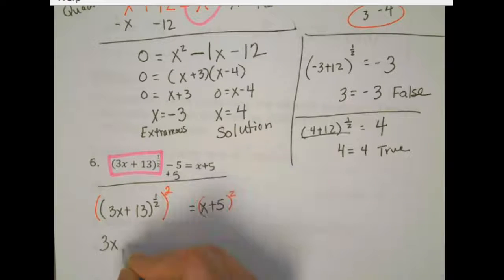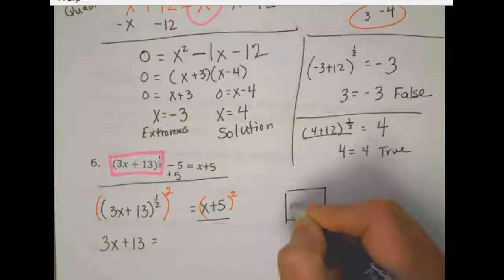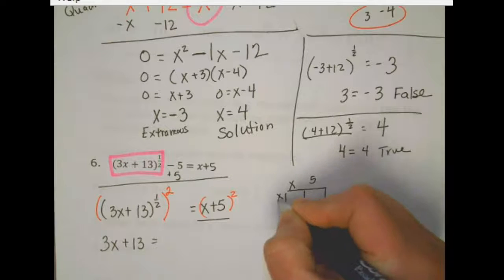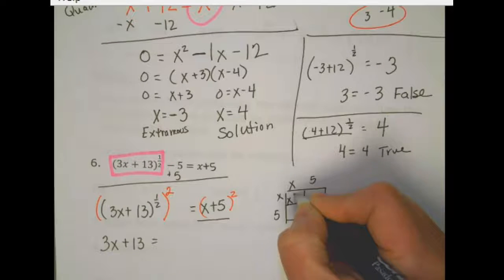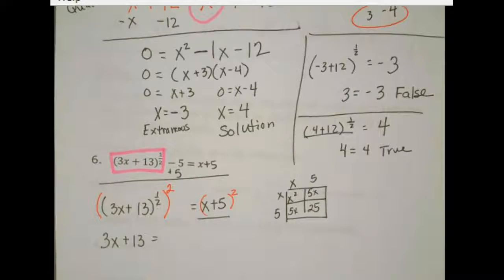These powers cancel each other out. And I have x plus 5. Is that going to be equal to x squared plus 25? What do you have to do with this part right here? Now, hopefully, some of you have done so many box problems, you're starting to be able to do this part in your head.